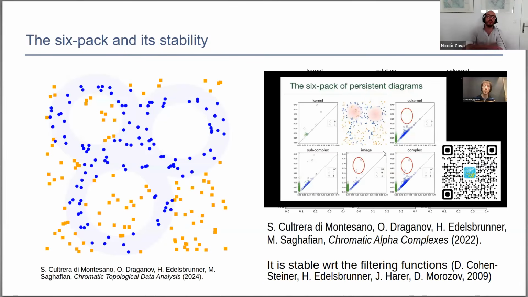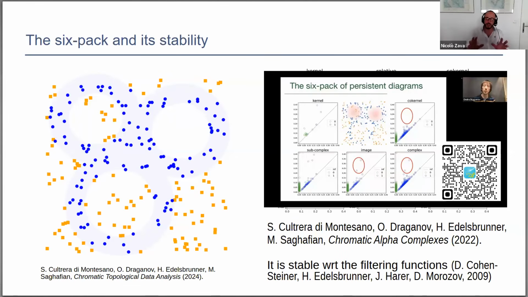Yes. So basically, you have your point cloud, and then you take the alpha complex, but whatever complex you are interested in, Vietoris-Rips, whatever, and then you label the simplices by their size, like when they appear in the filtration. Now suppose that you have two filtering functions from the same set of points, so there is a bit of restriction in that sense.